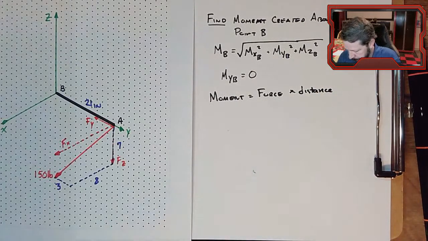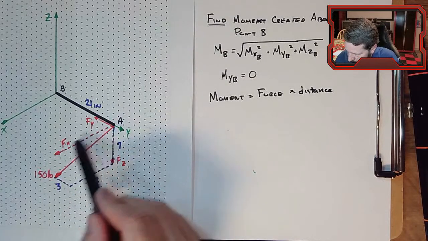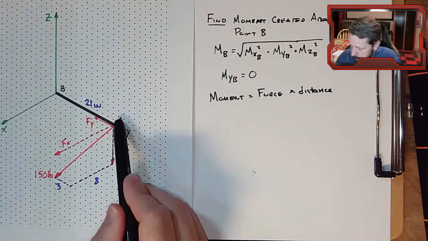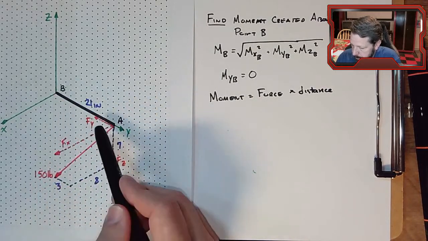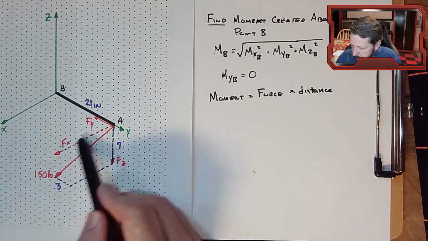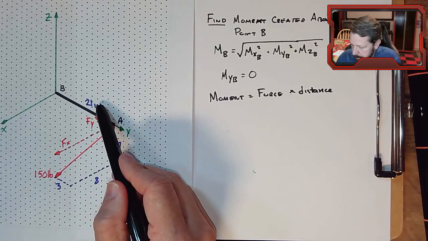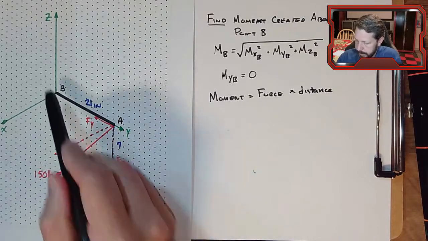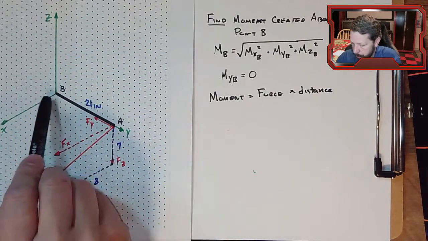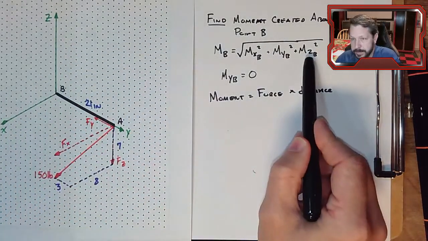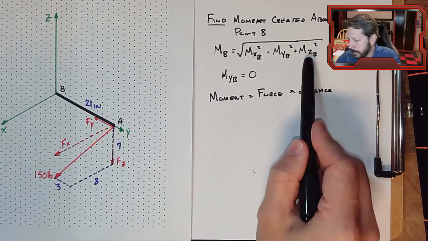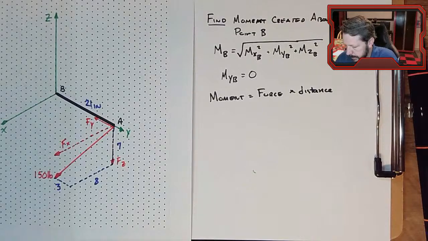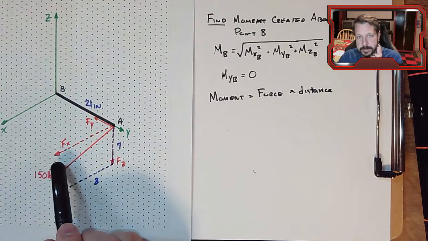So Fx has a moment arm equal to the distance from A to B. Fx multiplied times 21 inches will give me the moment that this force creates about the z-axis at point B. So all I need to do is figure out what Fx equals.